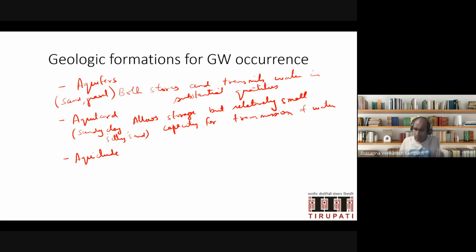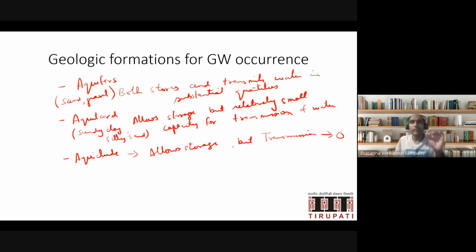Okay, an aquiclude is something that allows storage, but the transmission tends to zero. Now again, you'll say, what is the difference between relatively small and tending to zero?